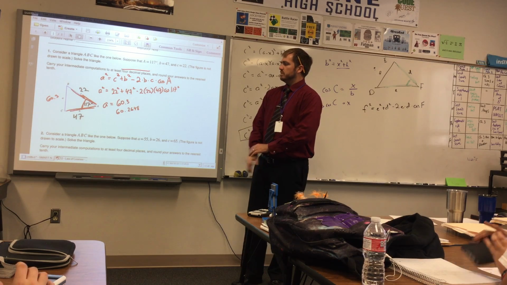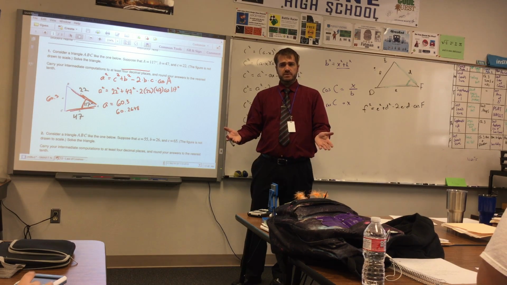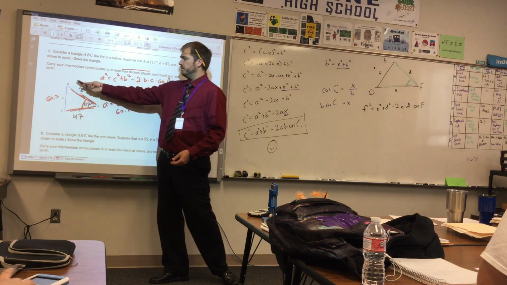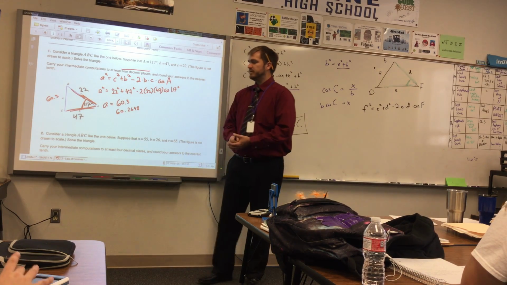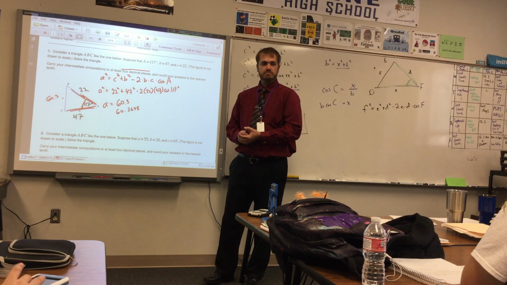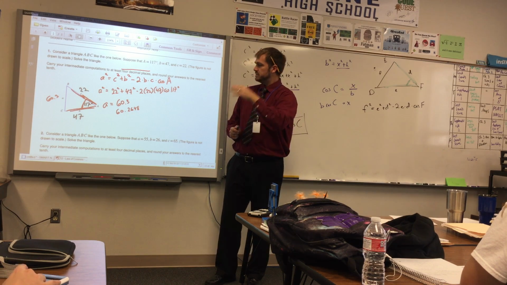All right, so we still have not yet fully solved this triangle. We need to figure out what is angle B and what is angle C. So what tool shall we use now to find, say, angle B? Law of sines. I like law of sines.